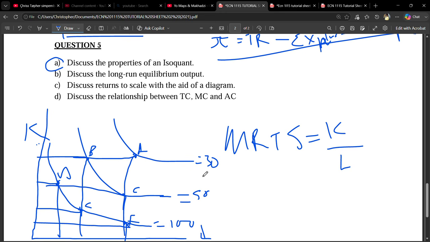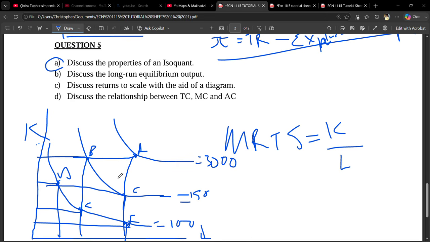Then another property is that the isoquant that is far from the origin gives us the highest level of output.